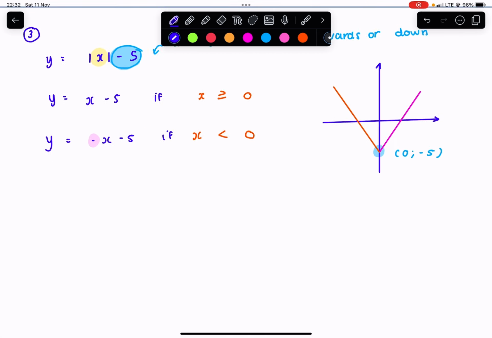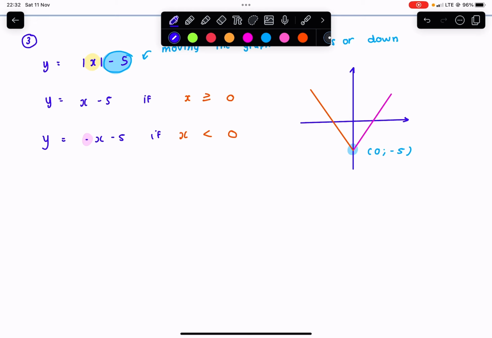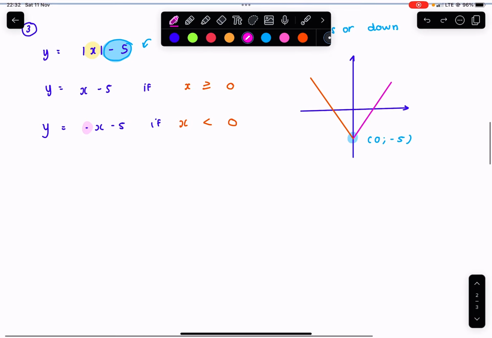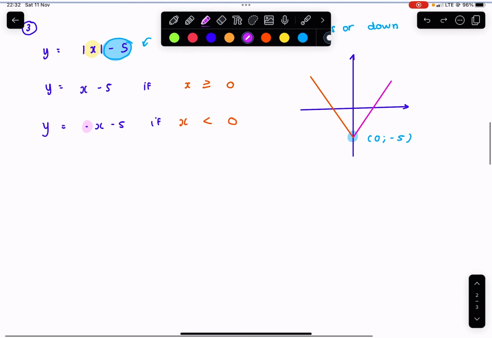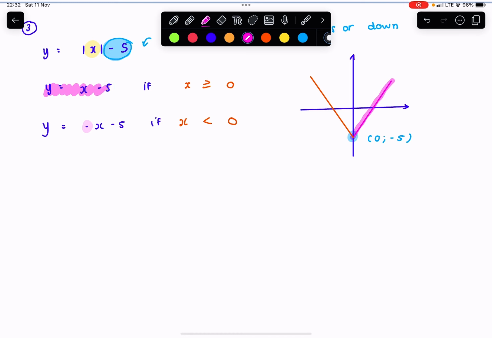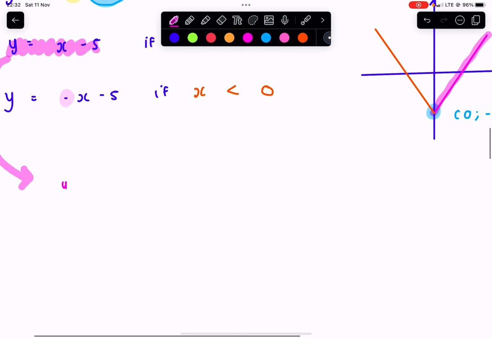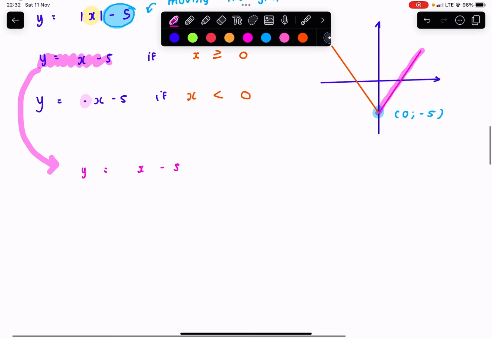Let's talk about the first graph. So I can already see that x minus 5, this one over here, is definitely going to have the positive gradient. So we're definitely looking at this. So y equals x minus 5. So we know that our value has to be a positive x value because right now, as it stands, it's in quadrants 1 and 4, sorry.